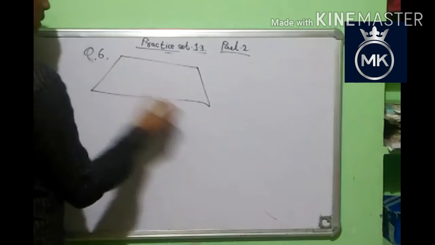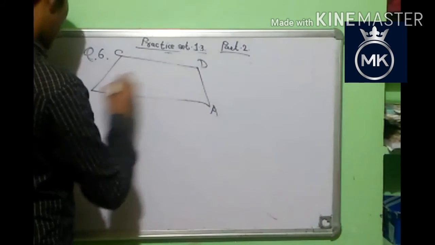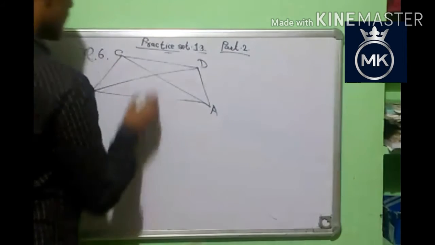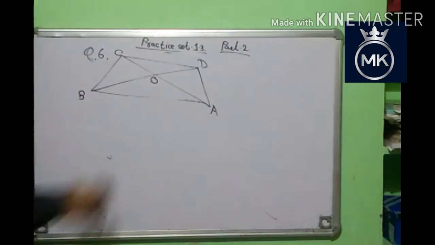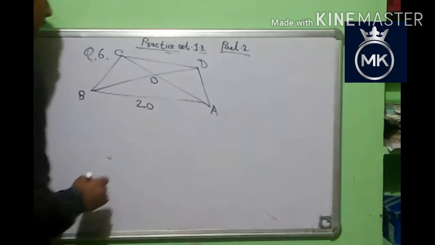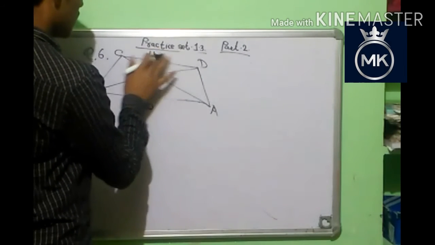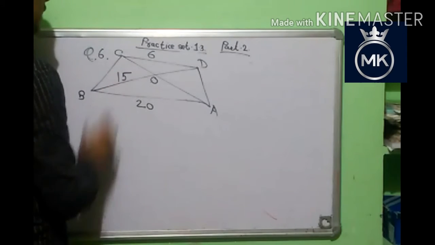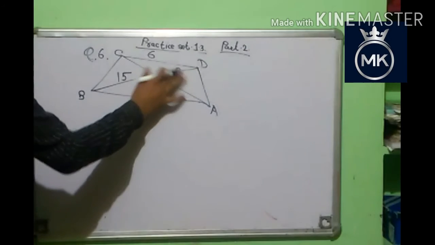The name of this is ABCD, and we are also given the two diagonals. In this we are given the value of AB is 20, the value of CD is 6 and the value of OB is 15 here. And in this question we find the value of OD.